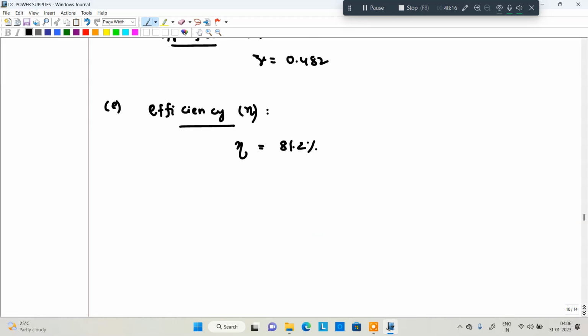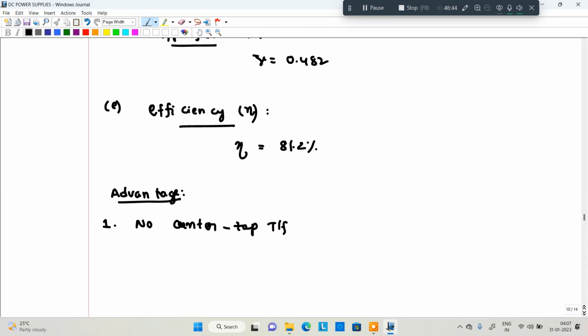Now we will look at some advantages of the bridge rectifier compared to the center tap full wave rectifier. The first advantage is that in the case of the bridge rectifier, no center tap transformer is required.